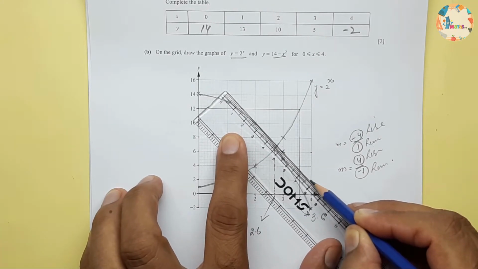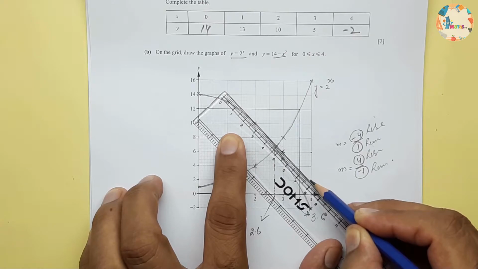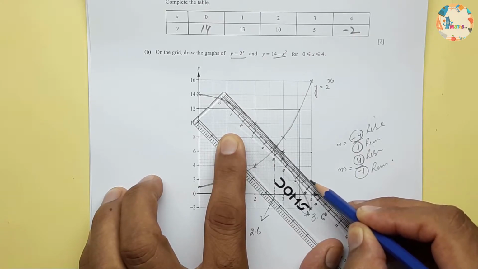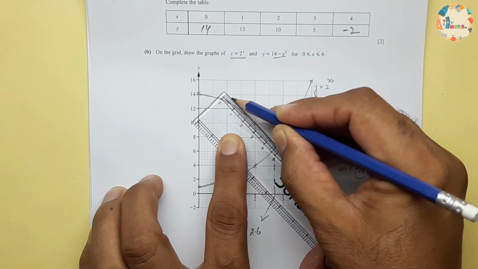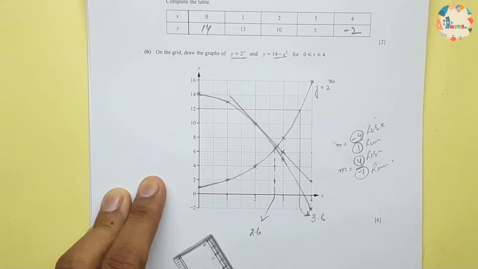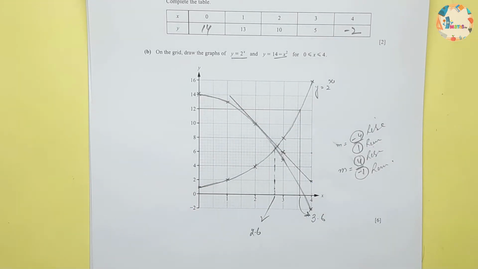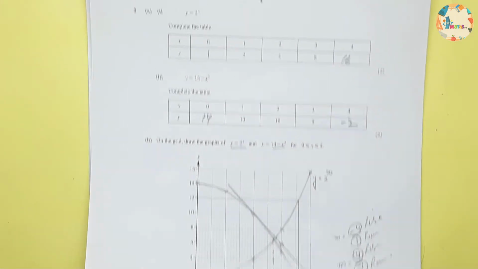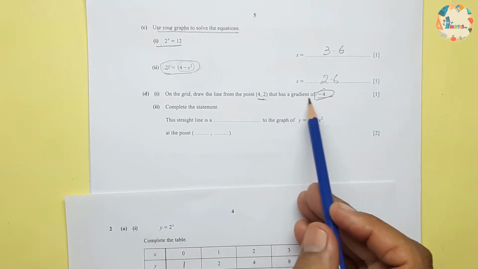So passing through this one will be our line. This is the line which we have drawn.